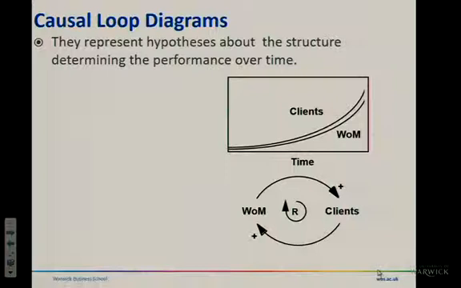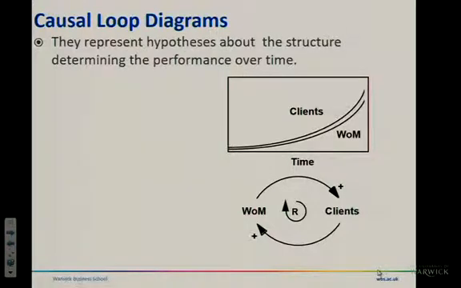So if we think in terms of a regression analysis, you will see that the linkage between these two variables, when you have a positive relationship, we have here clients and we have here word of mouth.